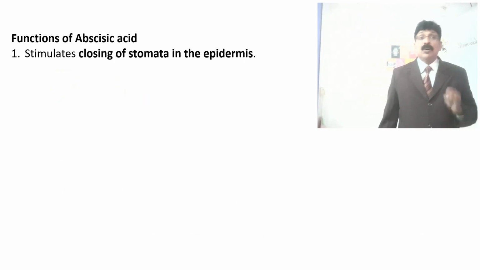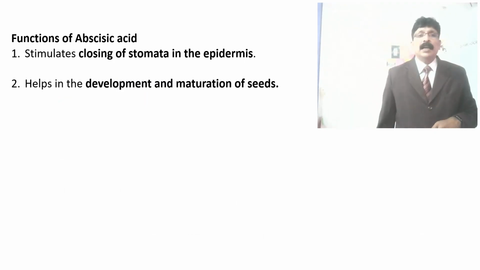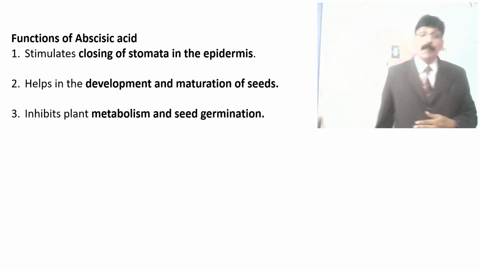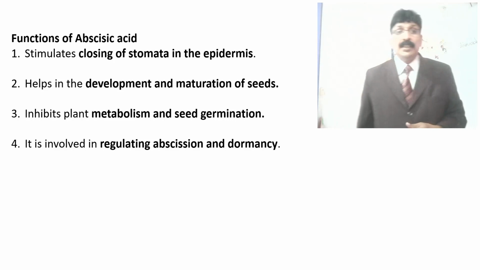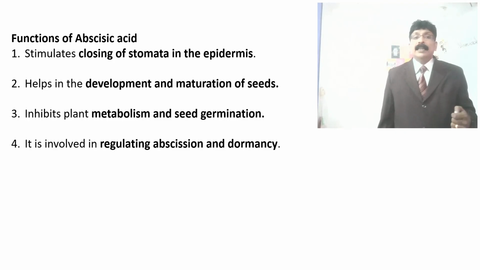Function of abscisic acid: stimulates closing of stomata in the epidermis, helps in development and maturation of seeds, inhibits plant metabolism and seed germination. It is involved in regulating abscission and dormancy.